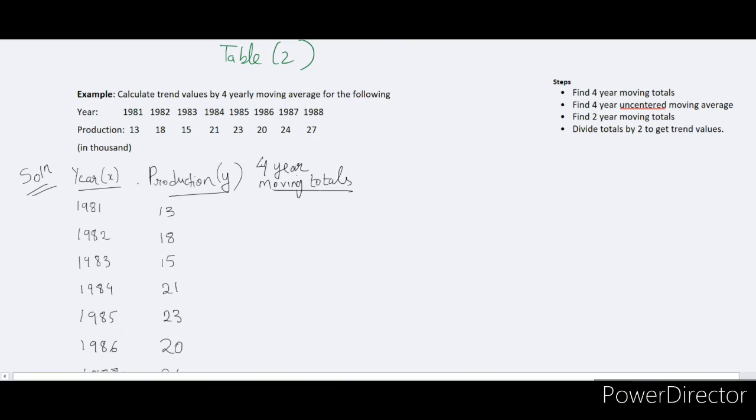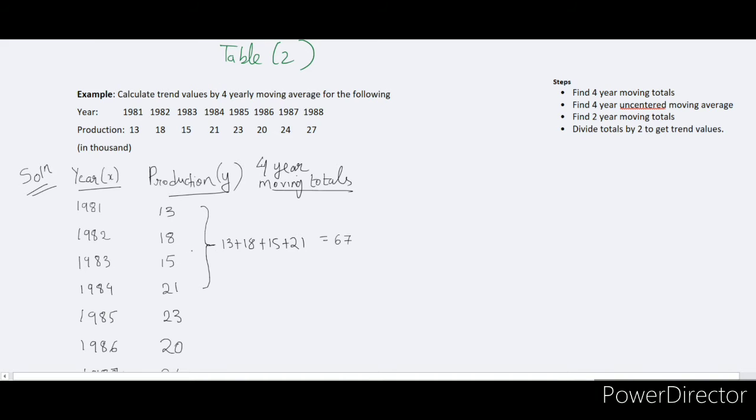So let us take the first group of 4 years. Here we have 1981, 82, 83, 84, and these are the values. So we add these values, and we know that it will lie between the middle of 1982 and 83, so somewhere here. You add these values for the first group of 4 years, and you get 67.